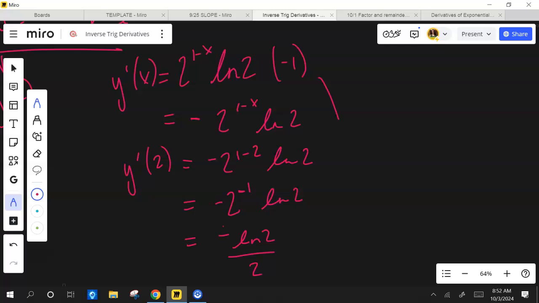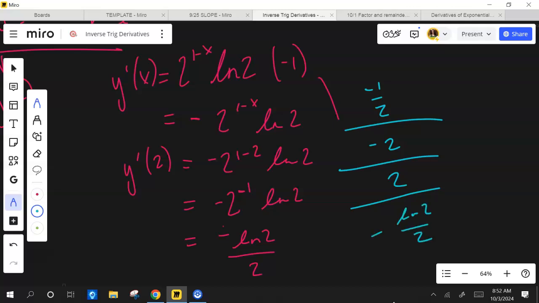I've already got the slope. I'd also have to find the point, but I'd be using that original equation for the point. You could leave it if it was open-ended, but this was a multiple choice question, so the answers were formatted as -1/2, -2, 2, or negative log 2 over 2.